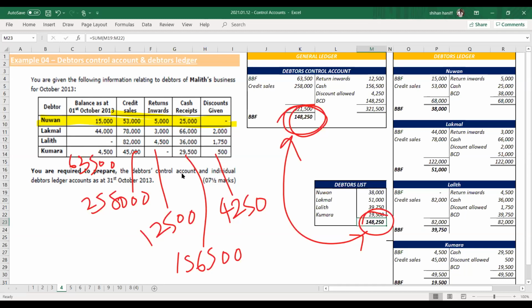The difference is in individual account, you record the individual transaction values. In the control account, we take the total amount of each prime entry book, sales day book, purchases day book, cash receipt journal, cash payment journal. There you will have the total amounts.